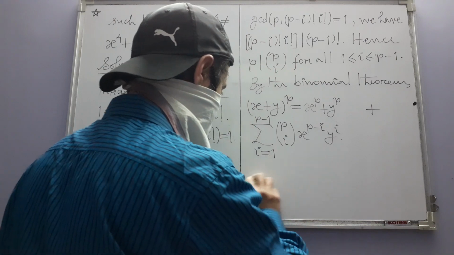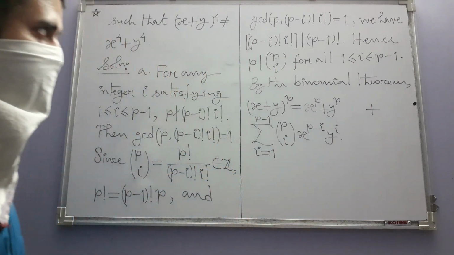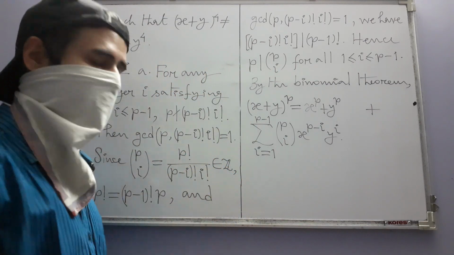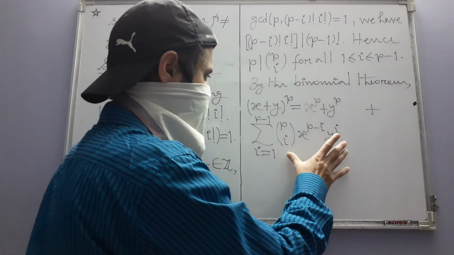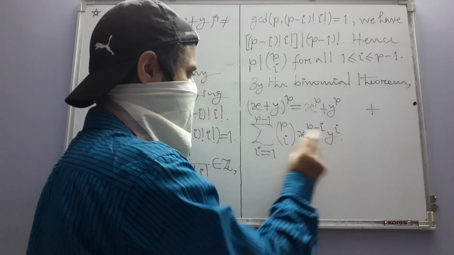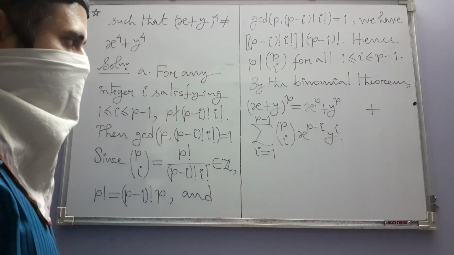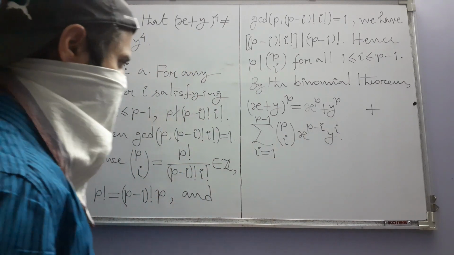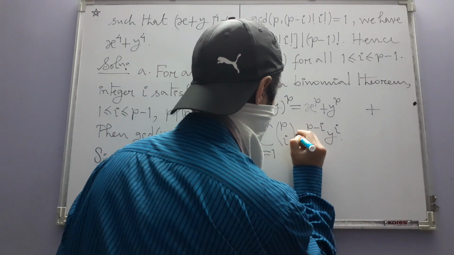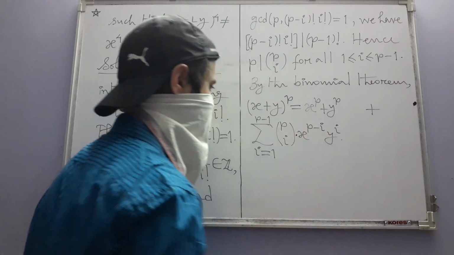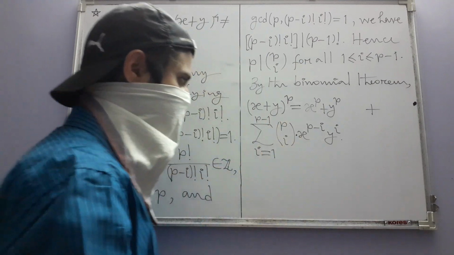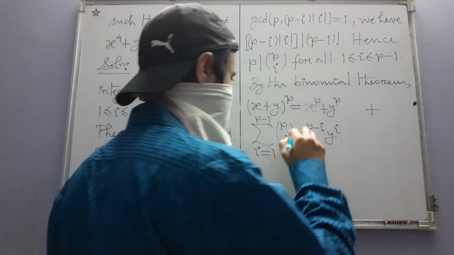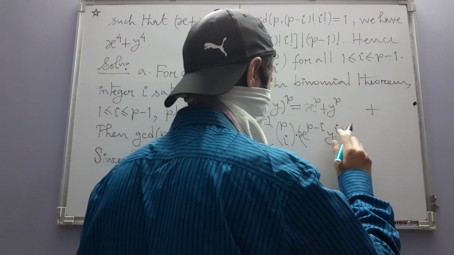Okay, now you invoke the condition that we are in a ring of characteristic P. So what is going to happen to these terms? To be notationally correct, I should ideally write this dot this, because P choose I is a positive integer and this is a ring element.